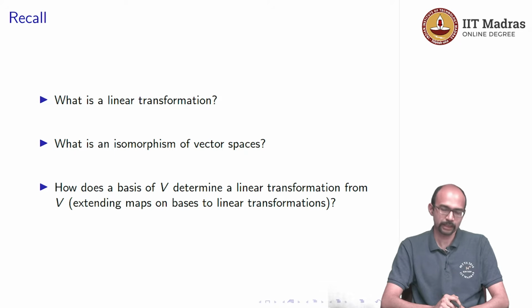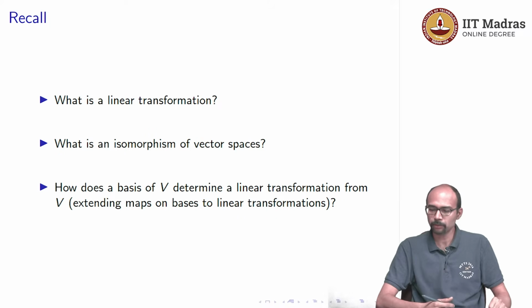Conversely, if you have a set of vectors w_i in the codomain W and you define a function on the basis given by f of vi is wi, you can extend this function to a linear transformation f from V to W, and we explicitly wrote down how to extend it. So, extending maps on a basis to linear transformations.